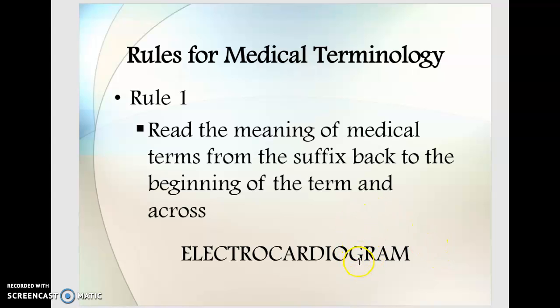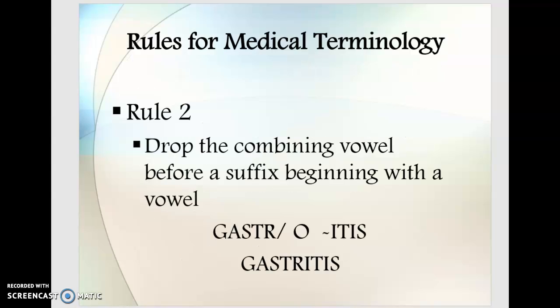Remember, we always begin with a suffix. This is a record or picture of the electrical activity of the heart. So again, we start with a suffix, we move to the beginning of the word, and then we read it across.